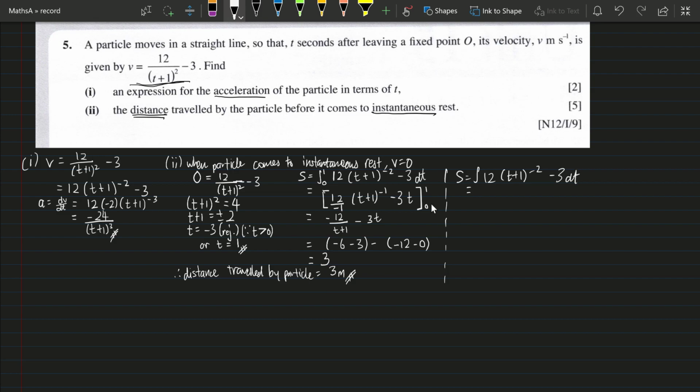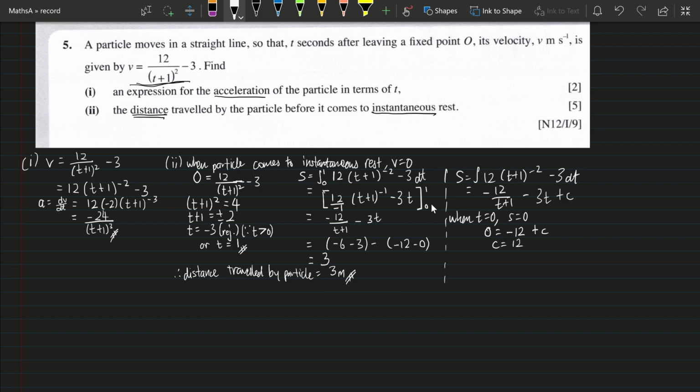So then you have negative 12 over t plus 1 minus 3t plus c. And you're going to say when t equals 0, s equals 0. So you're going to say 0 equals negative 12 plus c. C is actually positive 12.